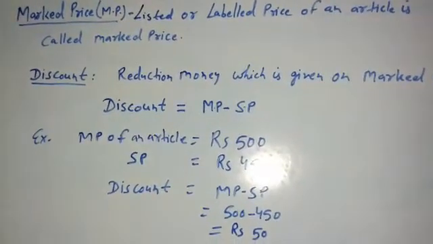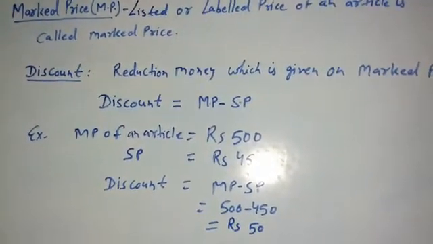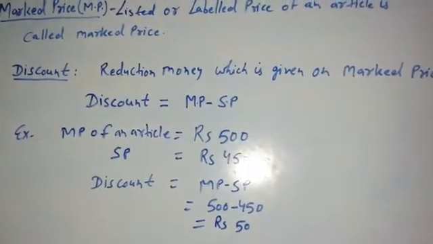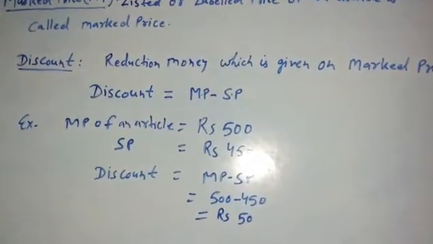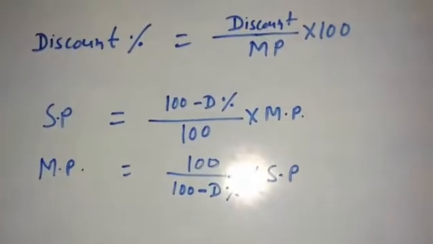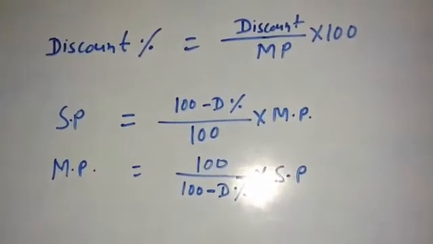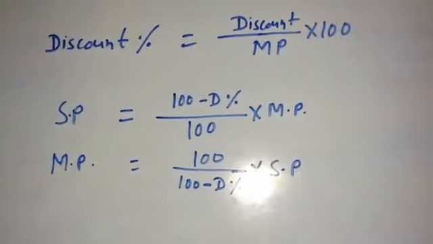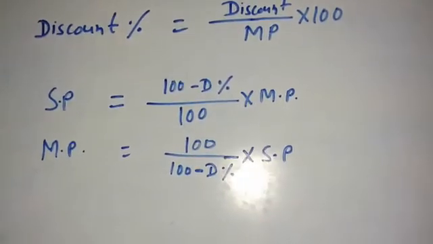Now we find the formula for discount percent. Discount percent equals discount by MP into 100.